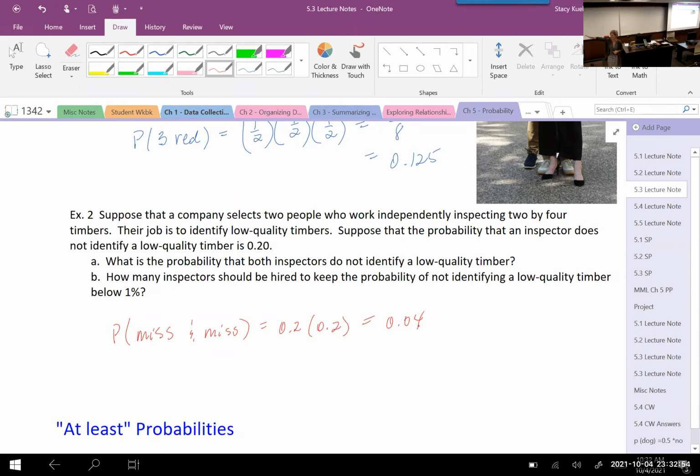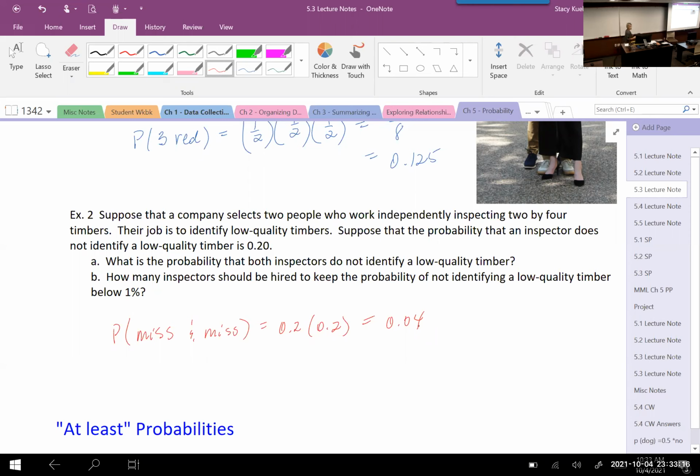Or 4%, I should say. So it's unusual for us to have that happen, isn't it? Can you all see that? It would be unusual for us to have this happen, if that was the criteria that we had set. If we were okay with missing at 5% of the time.